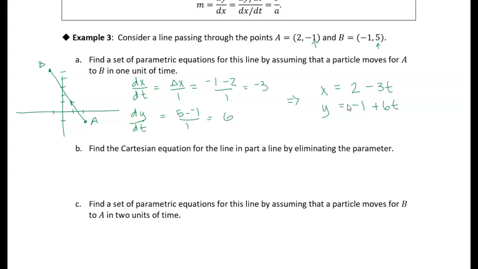If I put in 0, obviously then I get 2, -1. So I'm starting out at t equals 0 at A. And if I put in t equals 1, I want to get the B value, right?